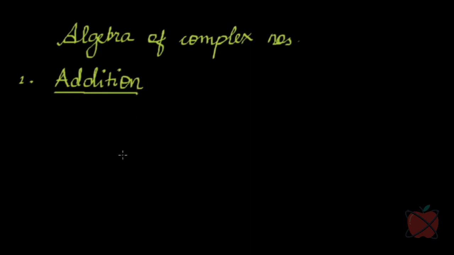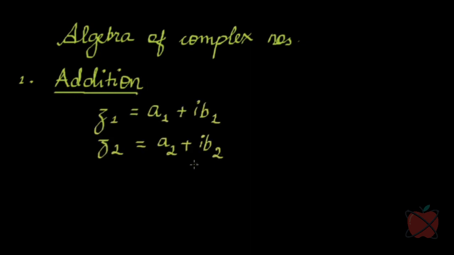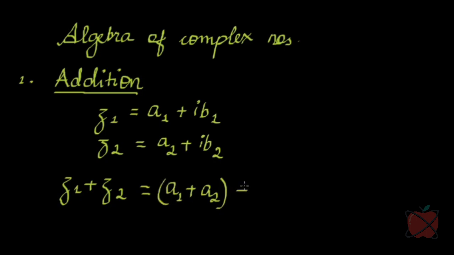So let's consider two complex numbers, z1 and z2. So if I am supposed to add these two complex numbers, it would mean that I need to add their real parts and their imaginary parts. That's how I add two complex numbers.